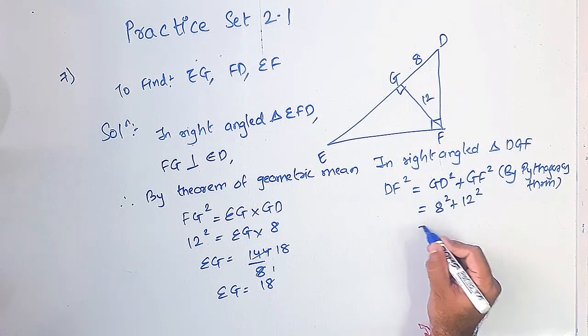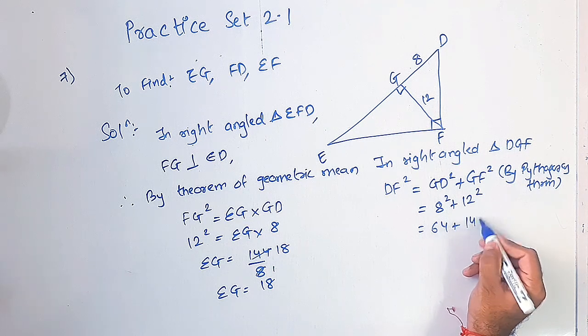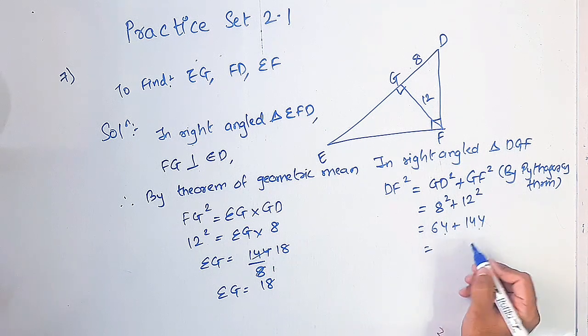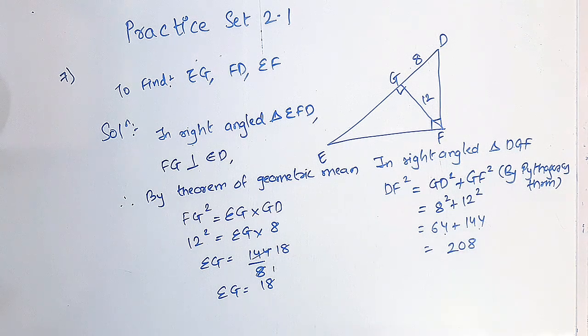So 8 square is 64 plus this is 144. Let us add: 4 plus 4, 8. This is 10. So I think 208.